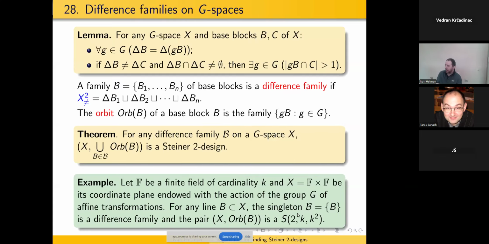In this case, this singleton, just consisting of this line B, is a difference family, and the pair X and the orbit of this line is a Steiner design in the finite case that consists of k squared points, and every line contains k points. Okay, let's go further.